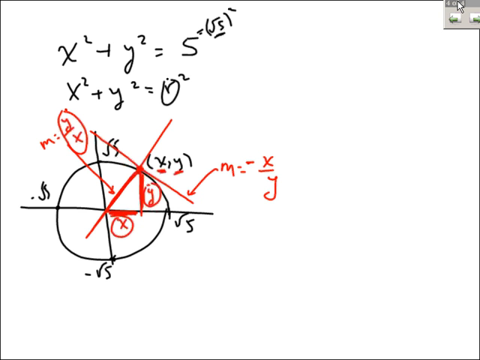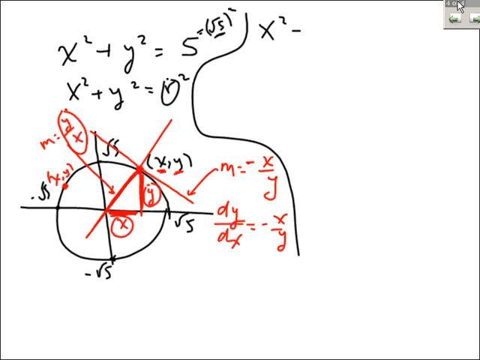Now remember, that's the slope of the tangent line at any point. I mean, if I would have taken this point and called the point arbitrarily xy, I would have gotten the same slope. So I'm telling you that the derivative of y with respect to x is negative x over y, and I didn't use calculus. But let's do it using calculus. We'll do that on the right side.